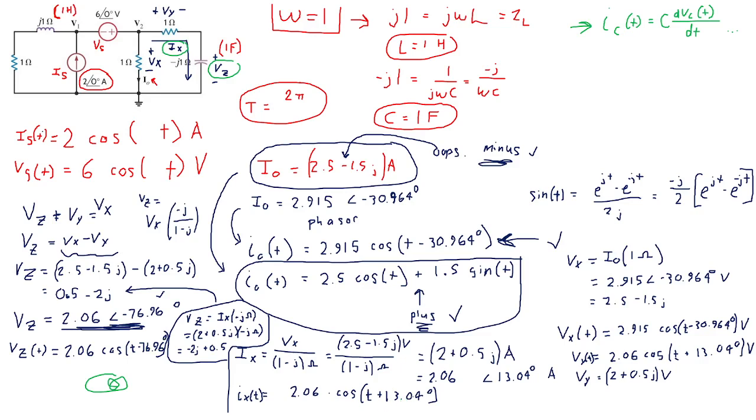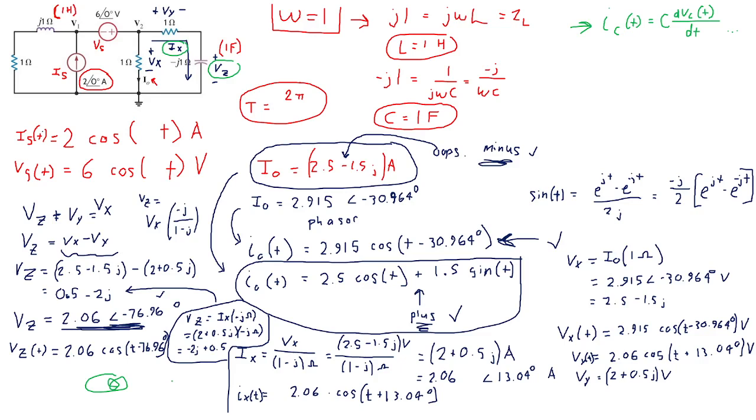So the current is a cosine, but we shift it left by 13 degrees. And the voltage is a cosine shifted right by 76 degrees. And so that means that the peak of this cosine hits 90 degrees before the peak of this cosine.